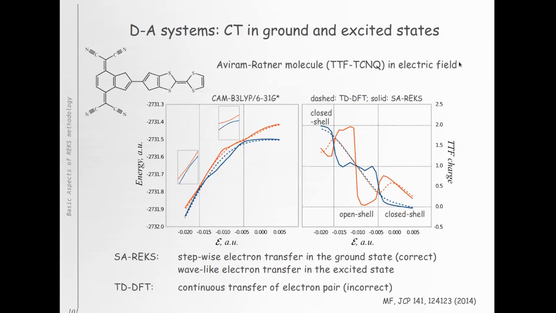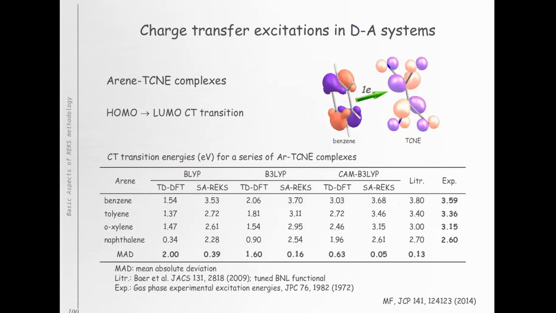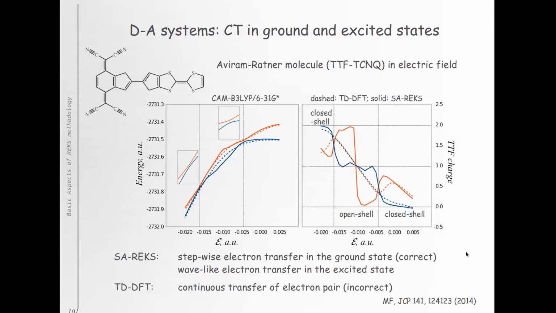I mean, the electron transfer in the excited state and in the ground state can be correctly captured by the SSR methodology or state average REKS methodology, but it is not correctly described by the linear response TD-DFT.